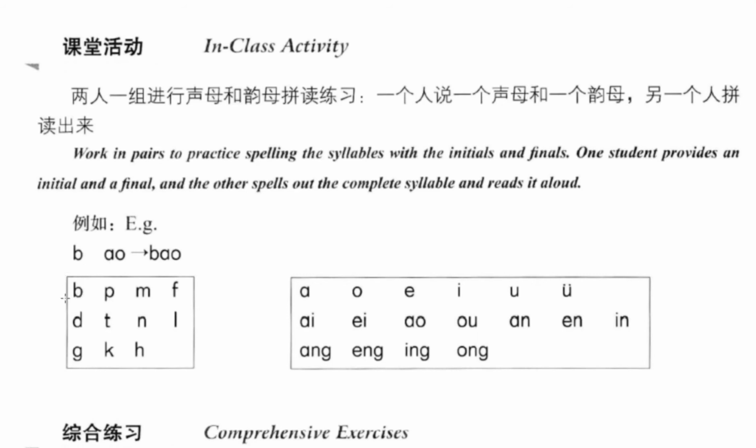Here, in this box are initials, and here, in this box are finals. You can provide any initial and final, and you can complete them together. Then you will know what the pronunciation is.